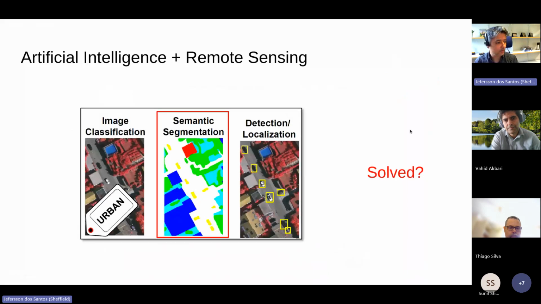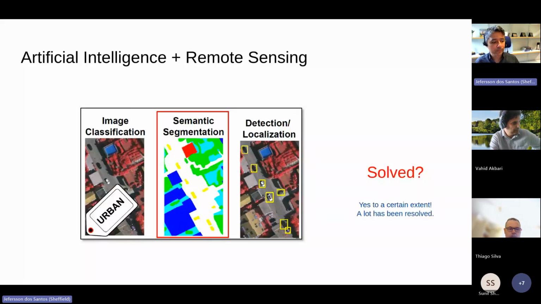Yeah. So my first question is, is everything solved since we have deep learning now, and are most remote sensing applications solved? Here I'm focusing on the three main applications we may have: image classification, semantic segmentation, and detection or localization. And the answer is yes, in some way, especially in more generic approaches.